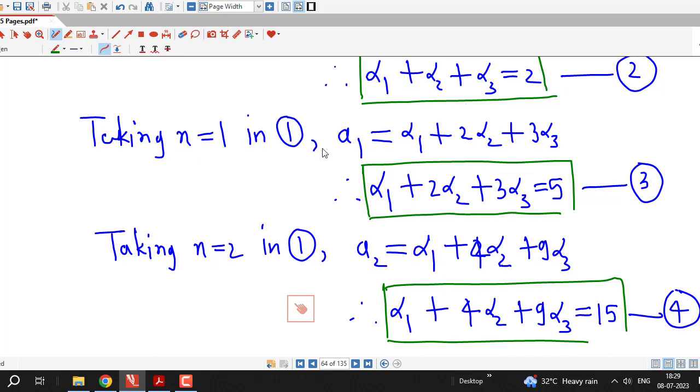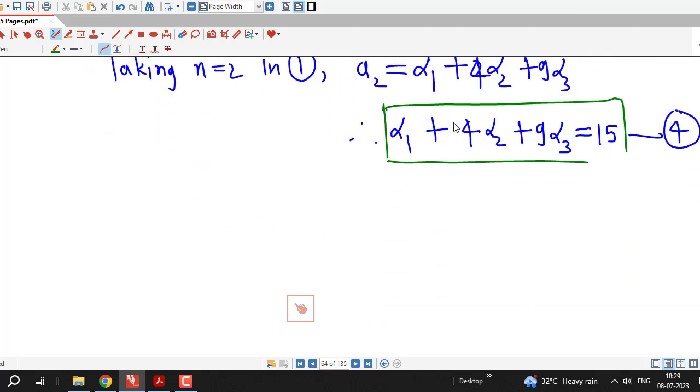Now if you remember, to solve this system by Gauss elimination method, we have to first write down the augmented matrix corresponding to the given system, and then we have to convert that augmented matrix into row echelon form.